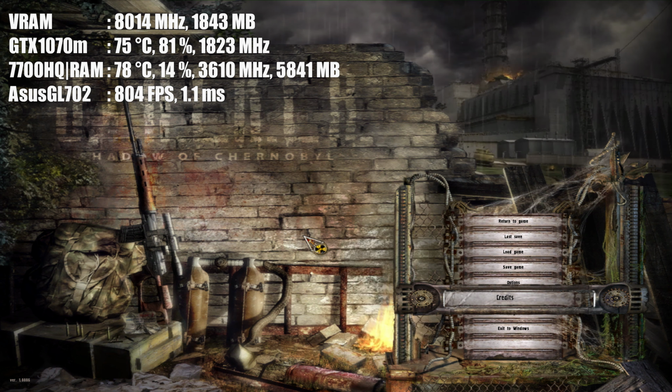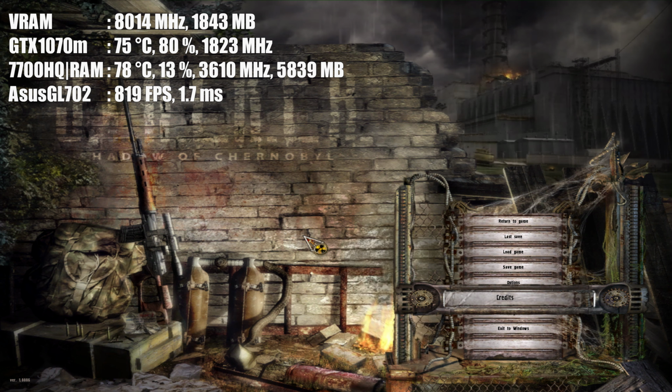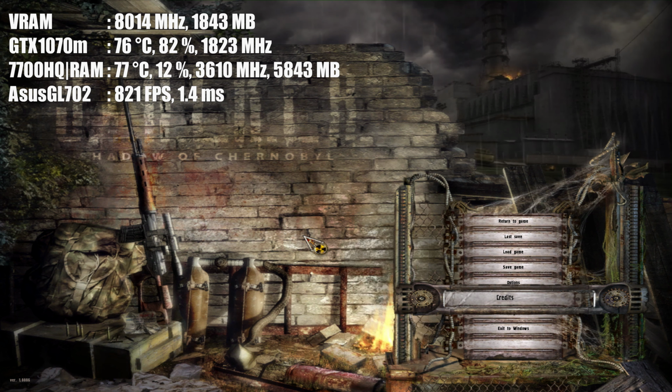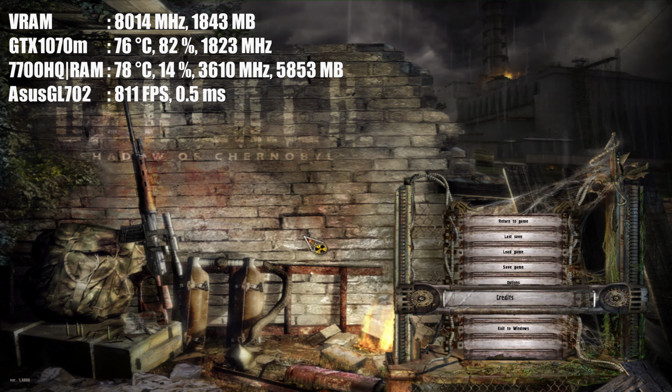As you can see, I have at the left top self-explanatory system specs updated every second, which is the VRAM frequency. VRAM frequency today is 8000 megahertz for our GDDR5, 8GB of VRAM frame buffer, and the usage right now at this particular second is 1843 megabytes of our VRAM.